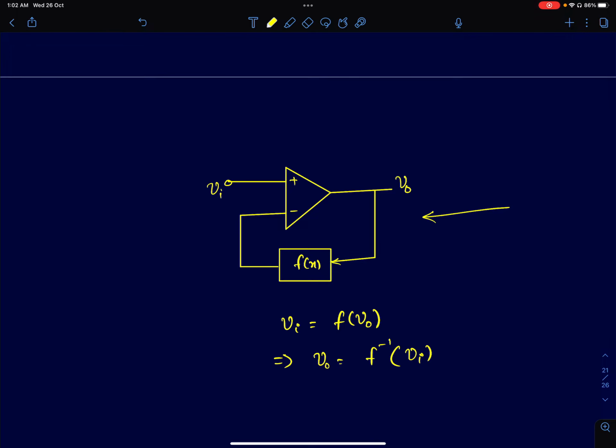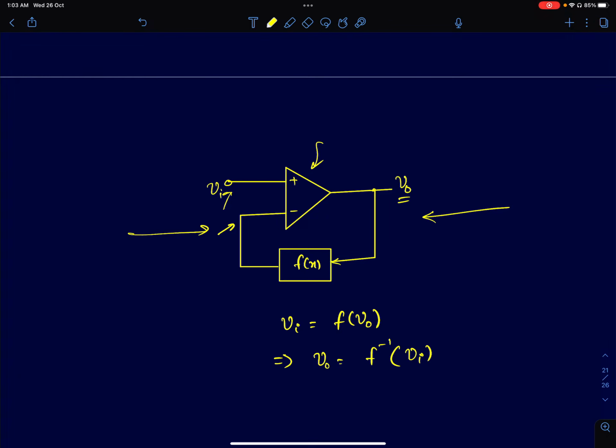The rule for inversion is that the function should be continuous in the region of interest. Then we should be able to invert those functions. So this is a simple negative feedback system. This is an ideal op-amp with an infinite gain. Whenever there is an infinite gain, if the output is finite, then the error of the amplifier in the steady state has to be zero, which means these two terminals will be equal in voltage.